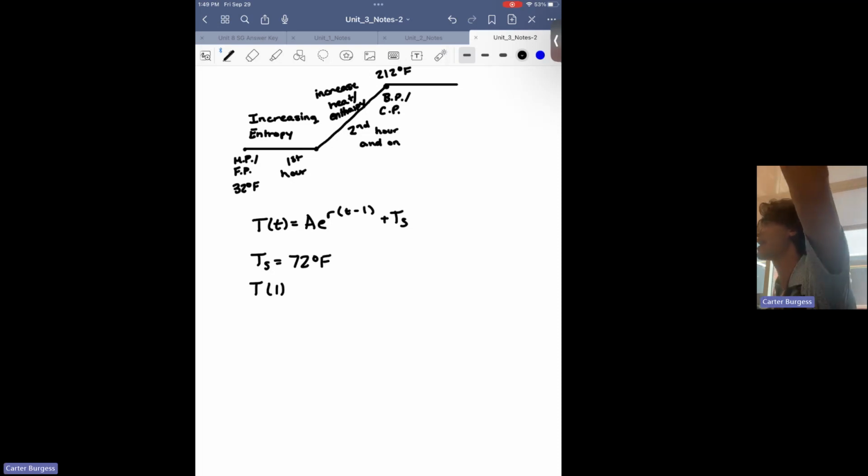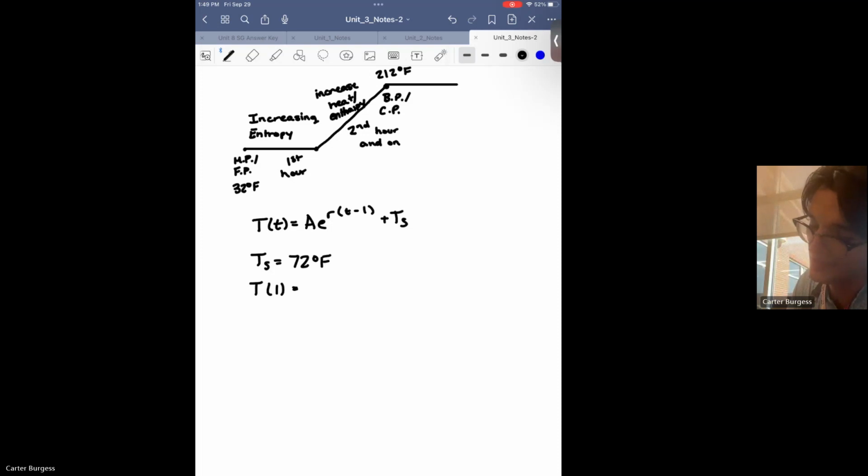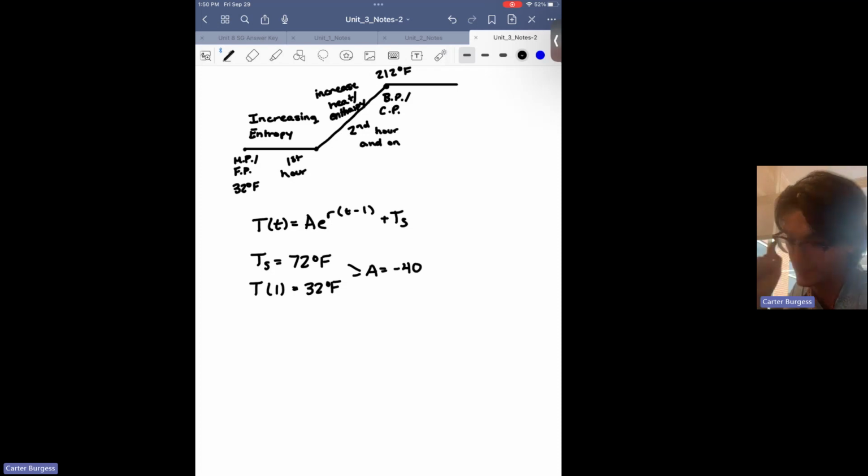Now we're beginning after an hour has passed, we start heating up. Either way, it's the same as T sub 0. What is the initial temperature of our pure water? This is going to be 32 degrees. Very nice. And so our value of A here is going to be what? Negative 40. Very good.